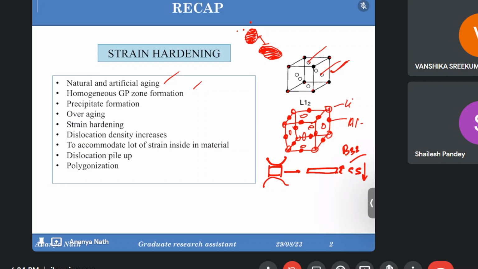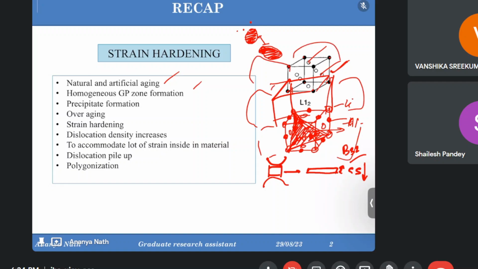But you can imagine if this is a particular FCC, just imagine that this is the slip plane and this will be the slip direction. The whole lattice is made up of this type of thing only, right? So there will be a lot of atoms or a lot of lattices, and all the lattices will have this type of plane.